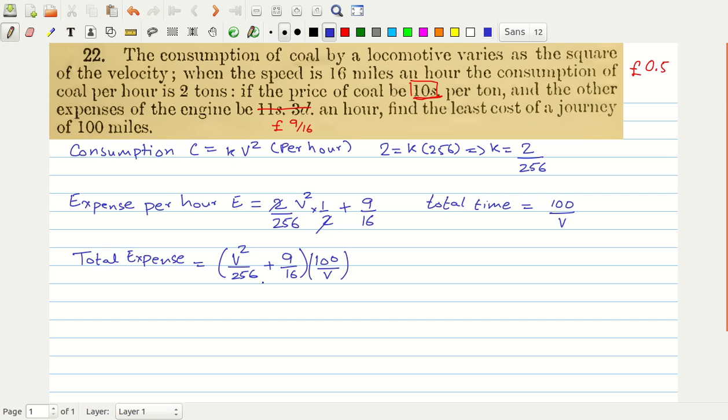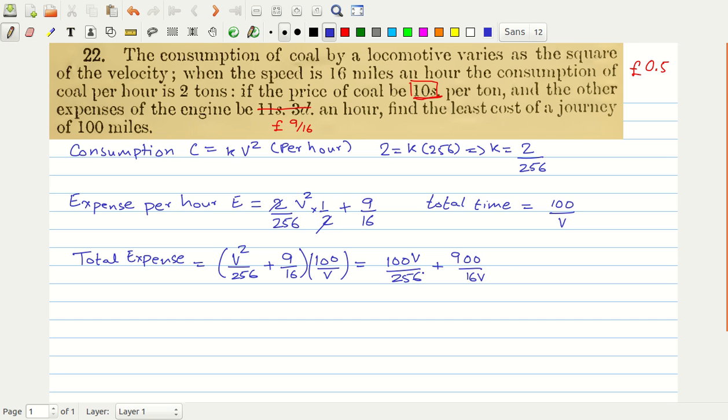So this is equal to 100 v by 256 plus 900 by 16 v.